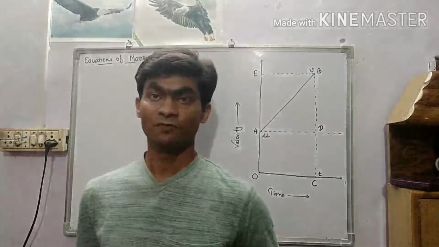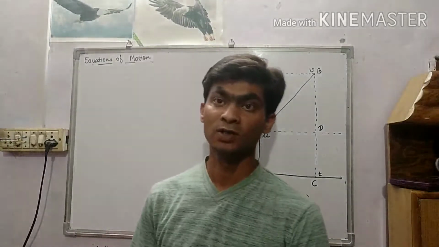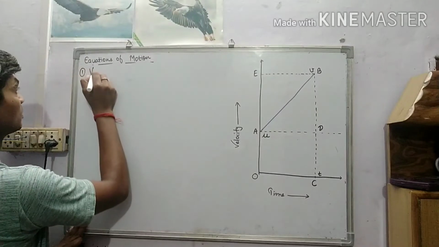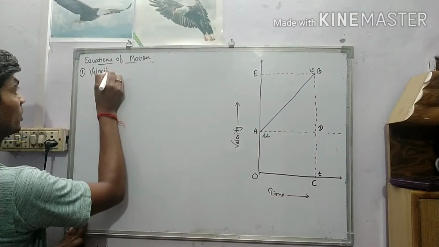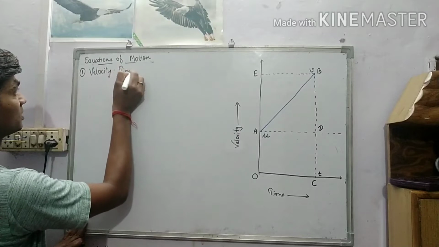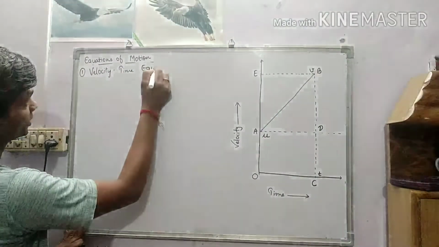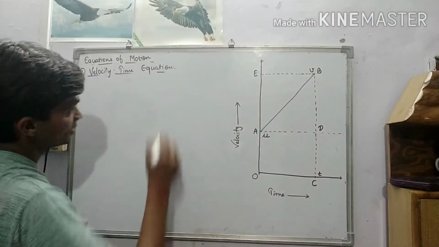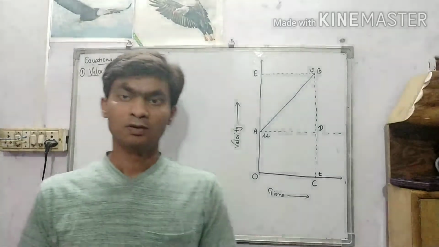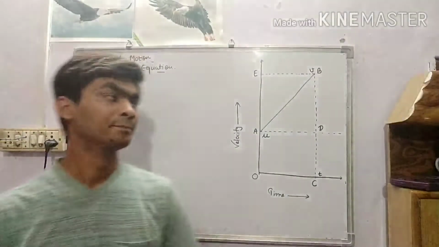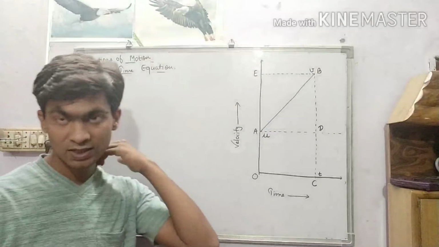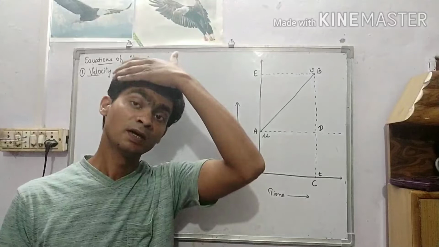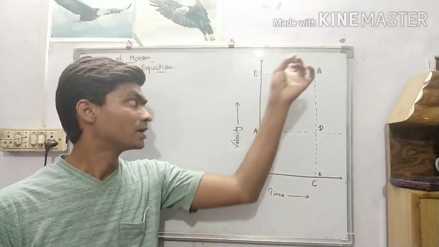I am going to prove the first equation, that is the velocity time equation. What is this? In this we have to set up a relation between velocity and time. Before proving this, we will try to find the relations depicted from the graph.